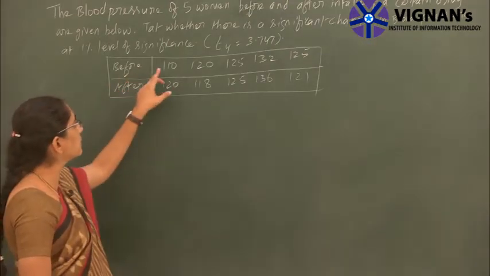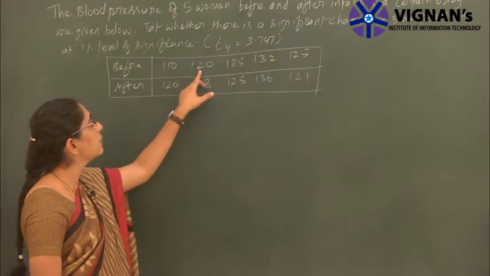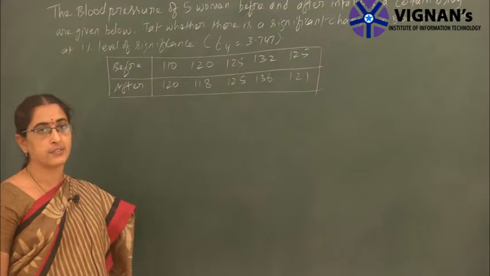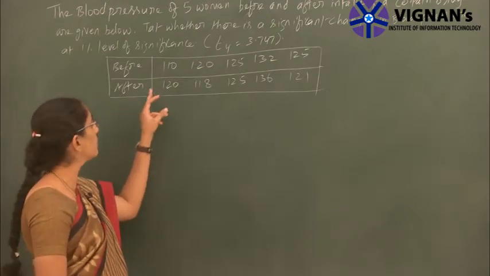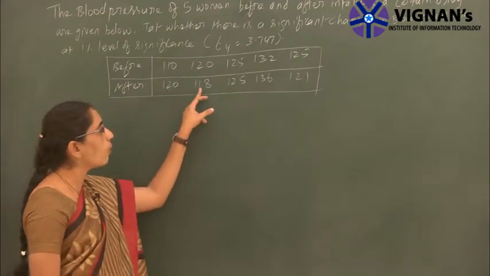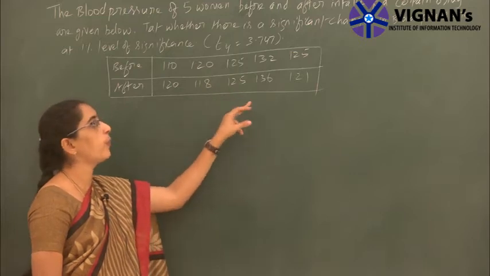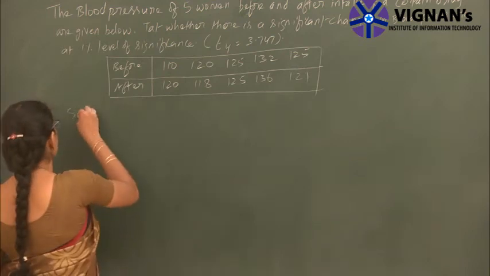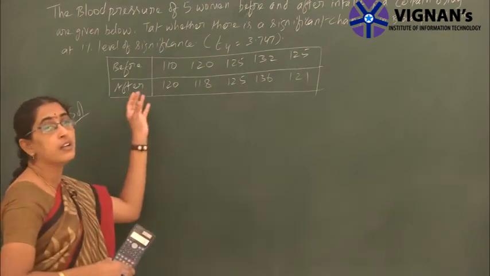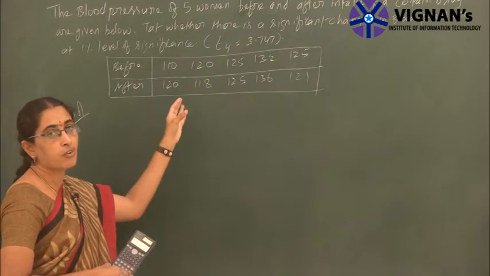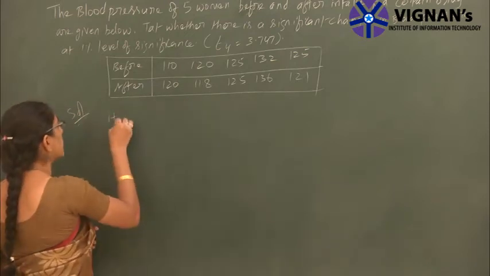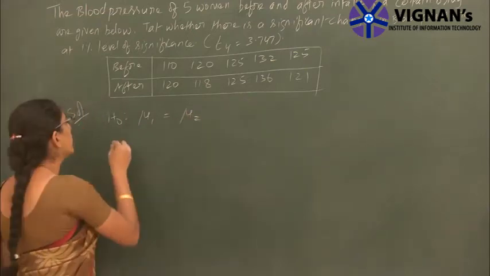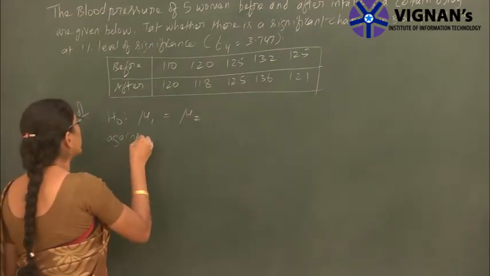So before drug, the blood pressure readings were 110, 120, 125, 132 and 125. Now after drug, the BP readings were 120, 118, 125, 136 and 121. So here mu1 represents the blood pressure readings before drug. So obviously the null hypothesis is mu1 equal to mu2, against H1 here.